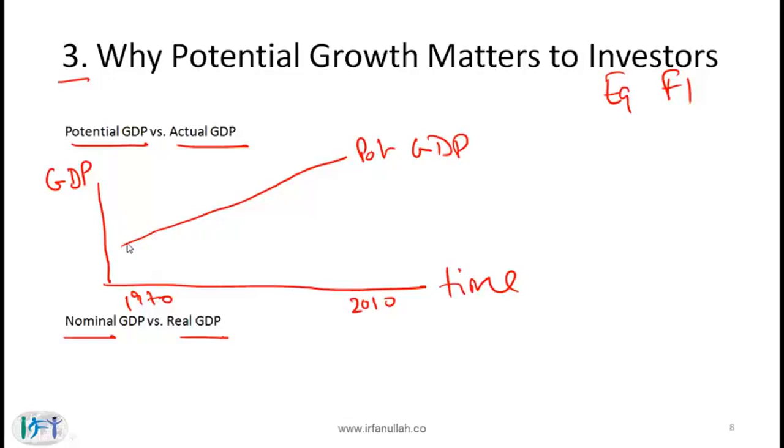The actual GDP at any point in time will be above or below potential. So there will be times when the economy is booming. So here the actual GDP is greater than potential GDP. There'll be times when the actual GDP is equal to potential GDP, and then there'll be times such as this point here where the actual GDP is below potential.